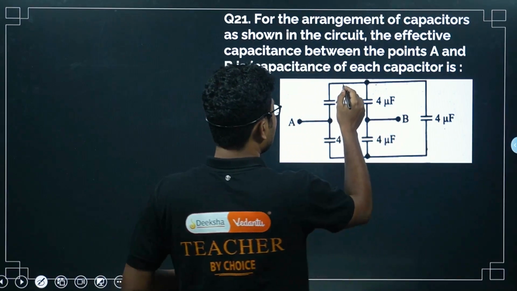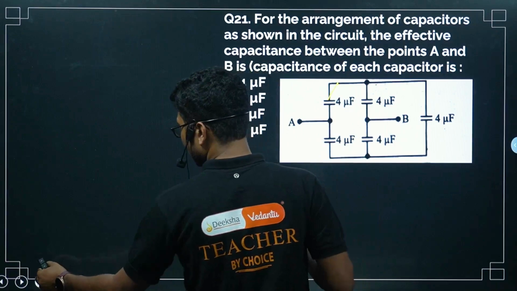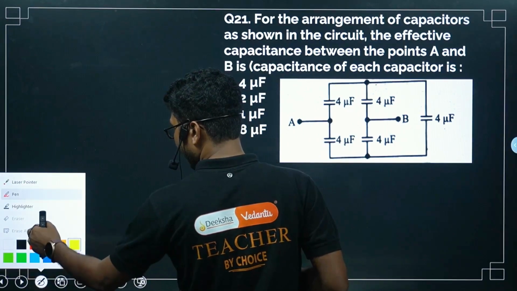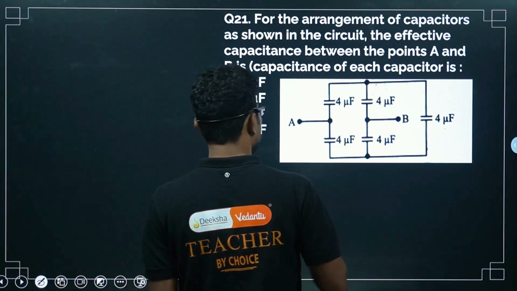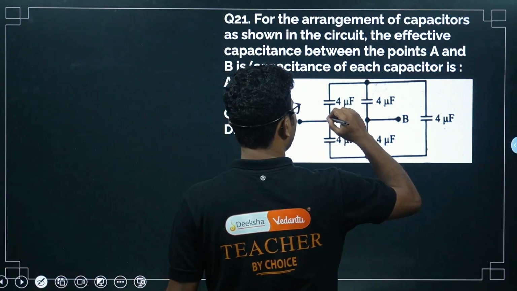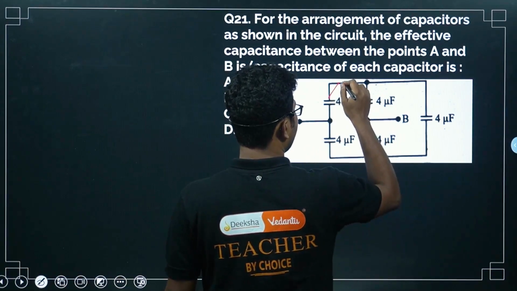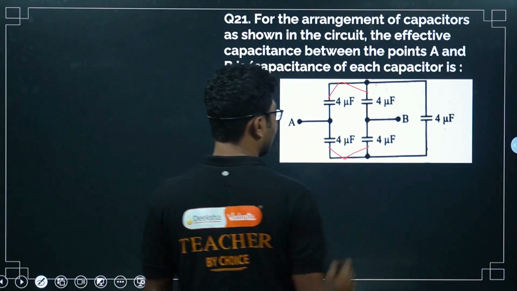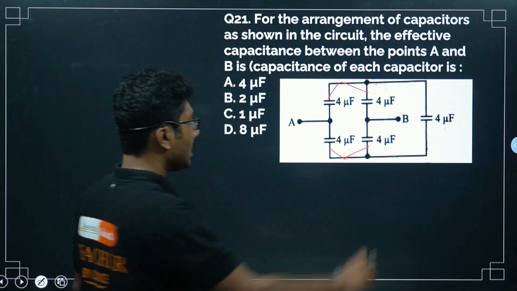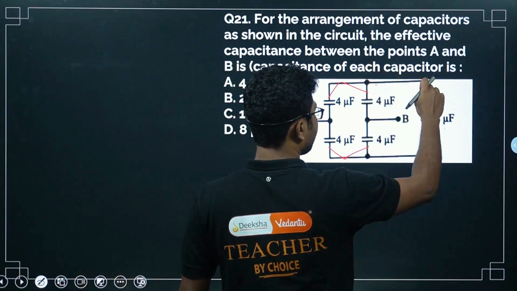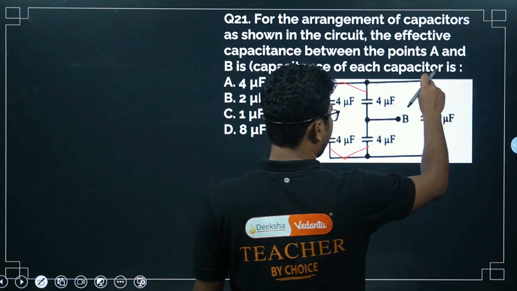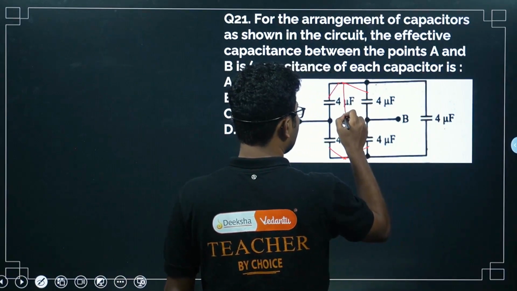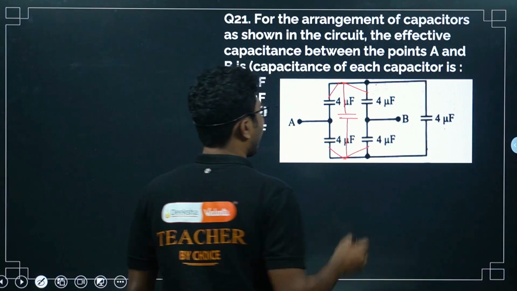If you see this, you can consider this one arm of the Wheatstone bridge, this another arm, this one arm, and this another arm. Now these 2 points are at the same potential.